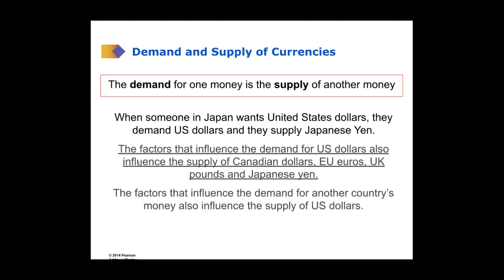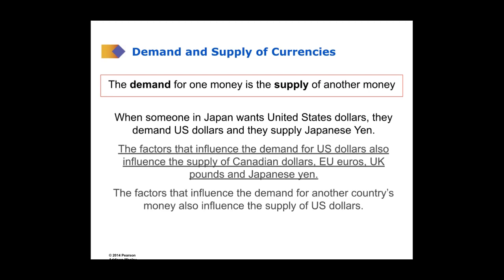And so there's a reciprocal nature to foreign exchange, to currencies being traded. We say that the demand for one money is the supply of another money. When somebody in Japan wants US dollars, maybe they want to buy goods from the United States, well, they demand US dollars and they have to pay for them by supplying Japanese yen.